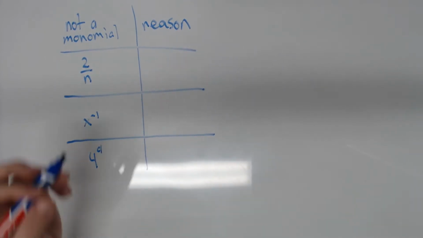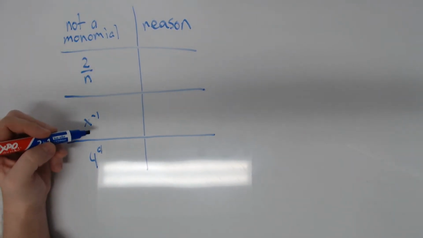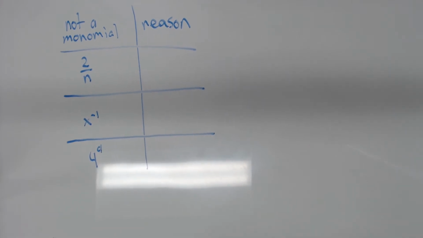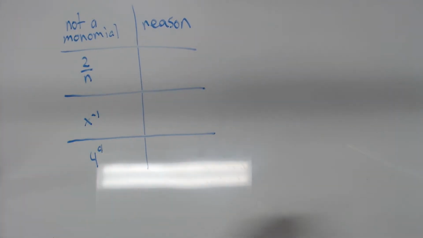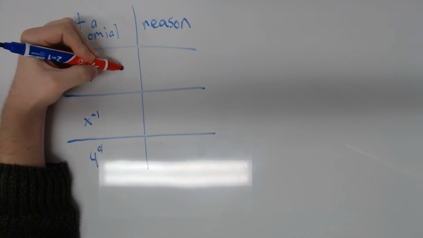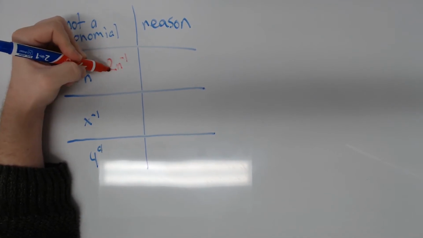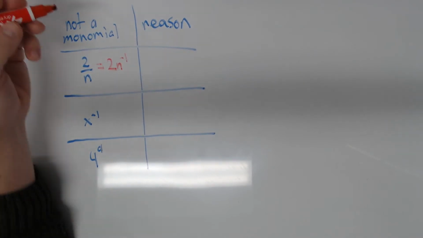Now let's look at some things that break the rules that you should not see in a polynomial. So again, these are terms, but monomial is a specific kind of term. The first two actually have the same reason they don't work. If you remember the first vocab I was looking at, I shared that 2 over n is the same as 2 times n to the -1. That's our negative exponent property.